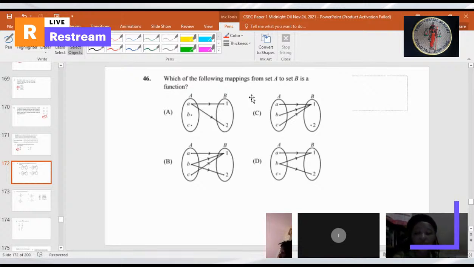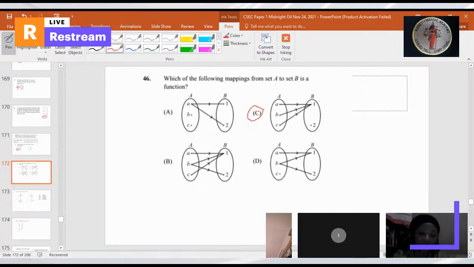So which of those show each element in set A going to only one element in set B? A, B, and C are all going to this one in B. That's C. So it would be C, right? Yes.